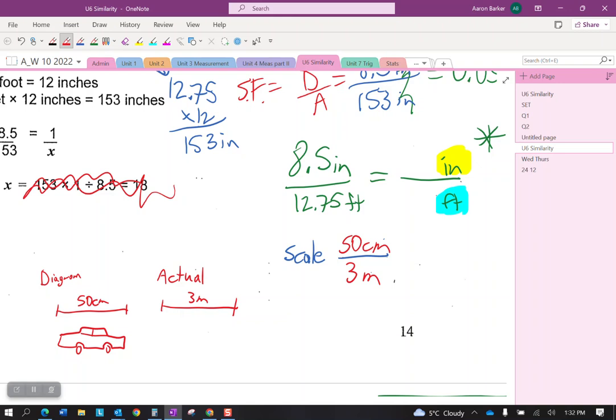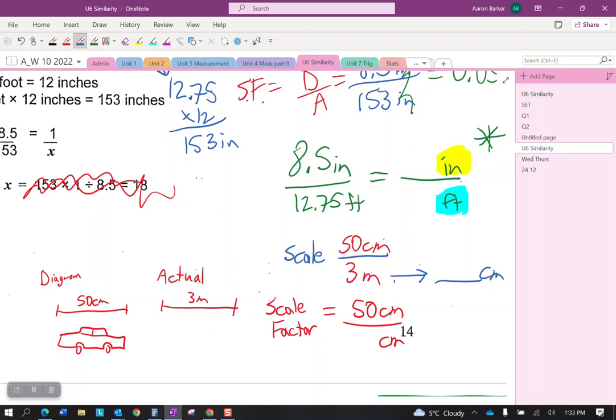But the question is asking for your scale factor. Then your units have to be the same. So you'd have 50 centimeters over how many centimeters? What would you do to convert the 3 meters into centimeters? Well, where's my meter stick? Here we have 1 meter. How many centimeters do you think are in here?